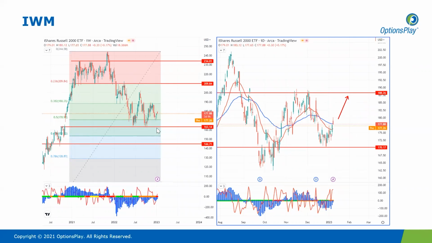Price isn't exactly making new lower lows, so this could be where price starts to bottom out a little bit. And even if we do have recession fears for the first 6 months of this year, we could easily still see this act as a floor, but price just not moving higher or breaking up above that 38.2 fib level at 188. So still a fairly neutral view here on the Russell 2000.